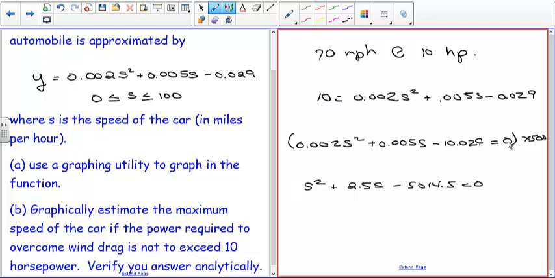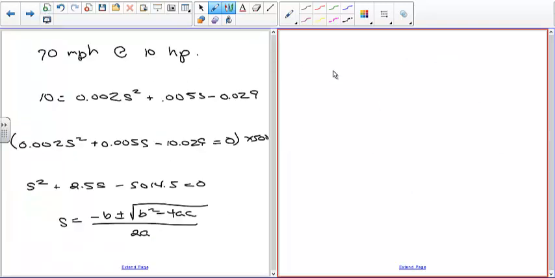And so the reason I did that is because we're going to have to use the quadratic formula. So s is going to be equal to minus b plus or minus the square root of b squared minus 4ac over 2a. So in our case, a is equal to 1, b is equal to 2.5, c is equal to negative 5,014.5.